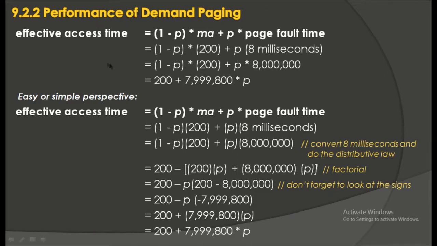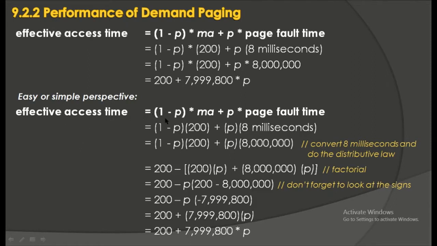Effective access time is equal to (1 minus p) times memory access time plus p times page fault time, where our page fault time is 8 milliseconds, which we convert into nanoseconds. It gives us 8 million.